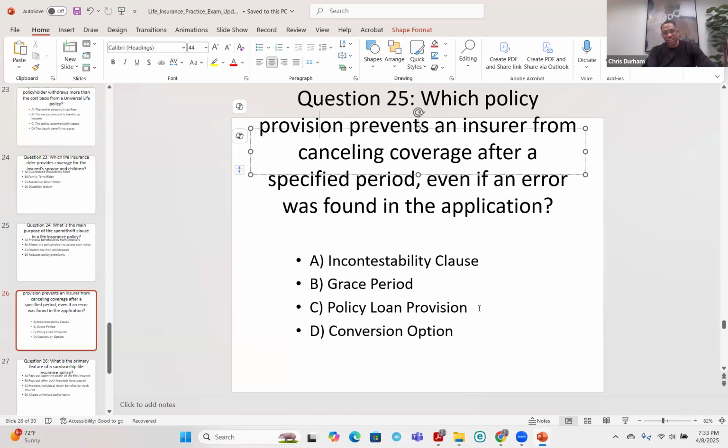Policy loan provision is they'll take a loan on your cash value to pay the premium. And a conversion option is what happens with a term policy. So the logical answer would be incontestability clause. If you're just using basic word association, the only thing close would have been incontestability clause. So good job, TK.